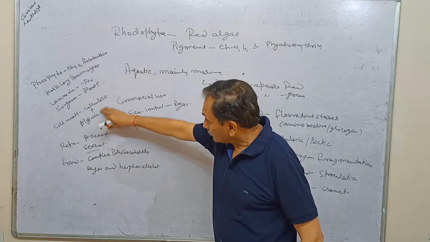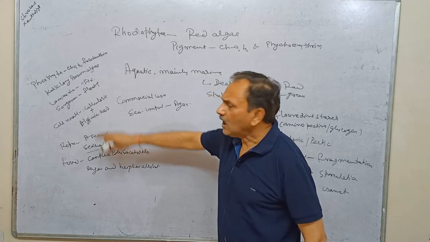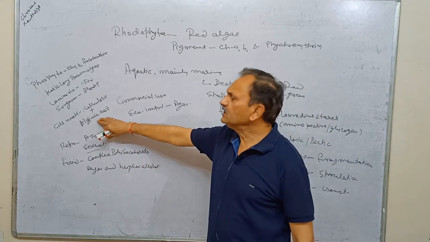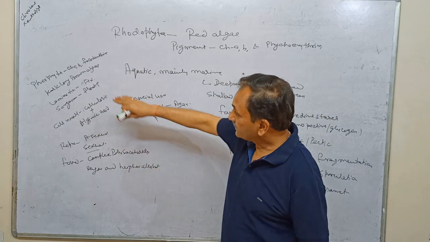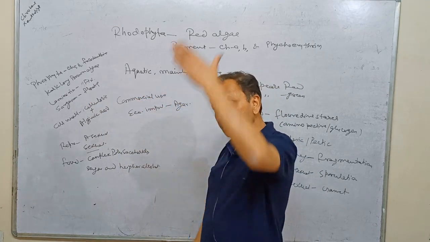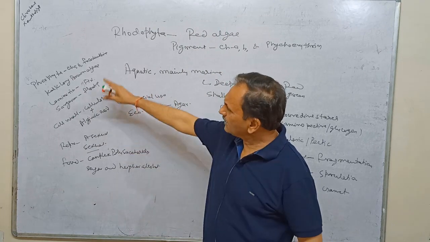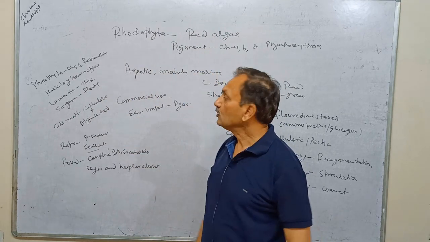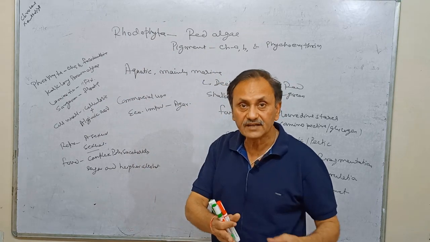Its cell wall is also cellulosic, but has an outer covering of alginic acid. It has a very significant role. We have told you that their size may be 20 to 30 meters. It means that long thread-like, long filamentous structure will have to face the stress of the low tides and high tides.